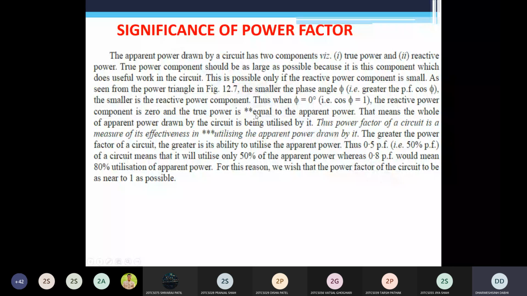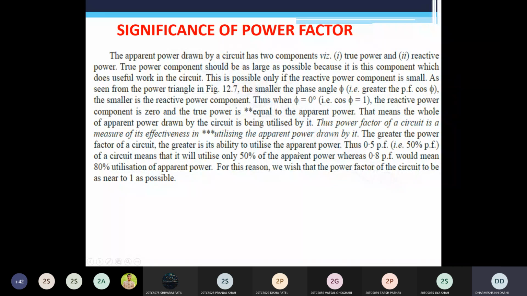Clear? So your active power is equal to apparent power, which means the whole apparent power drawn by the circuit is being utilized. So the power factor of a circuit is nothing but a measure of its effectiveness in utilizing the apparent power drawn. The greater the power factor, the greater the ability of the circuit to utilize the apparent power.